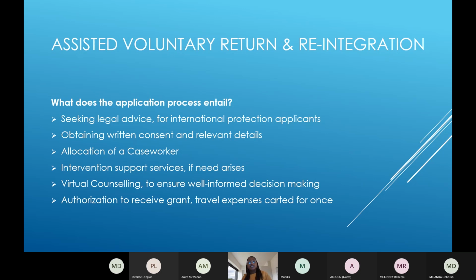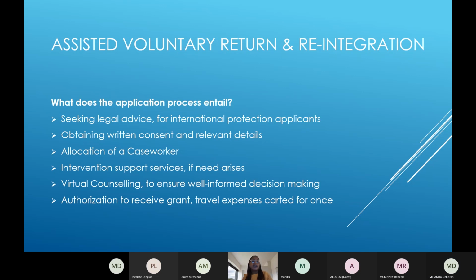So whilst your application is being processed, you might be put in contact with internal support services or external support services such as therapists or counselors or medical professionals that might need to assist you with that particular issue that you might have surrounding circumstances. And whilst the application is still being processed as well, we will also be able to put you in contact with our colleagues in different missions.